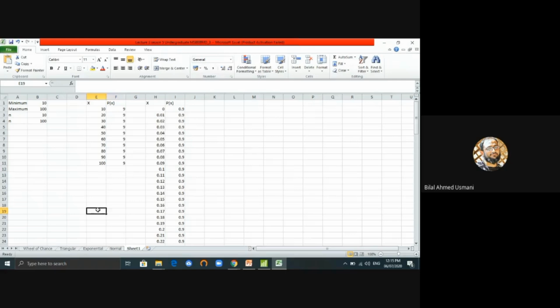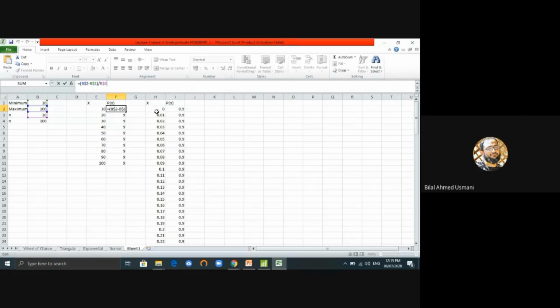I should start with 0. Oh no, it's 10. The formula would be maximum minus minimum divided by 10. No, it cannot be 9. It won't work under this condition. I think I violated the formula.